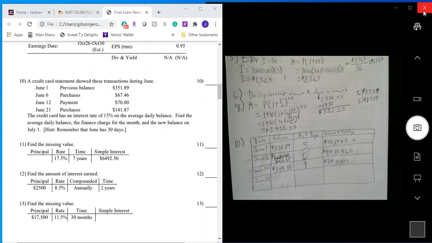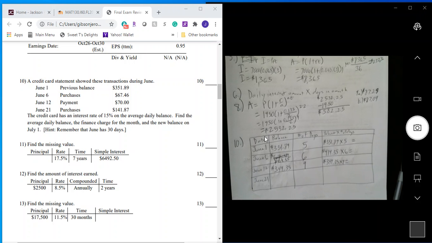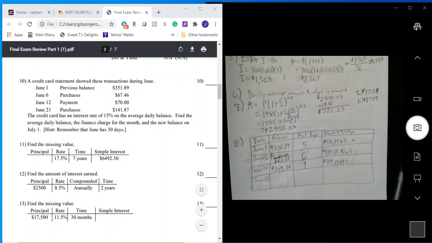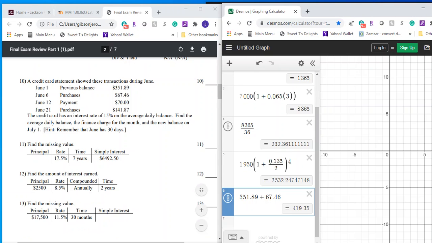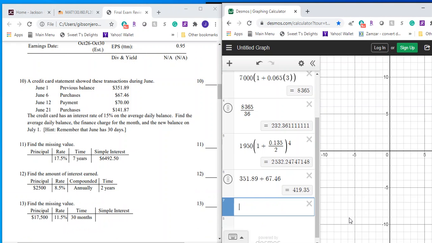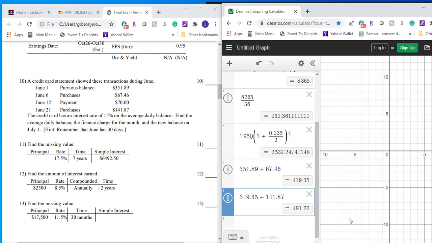Then we come down here, we made another purchase of $141.87. So we will add that, put that in the calculator. So we will have $349.35 plus the $141.87. So that'll give us $491.22.